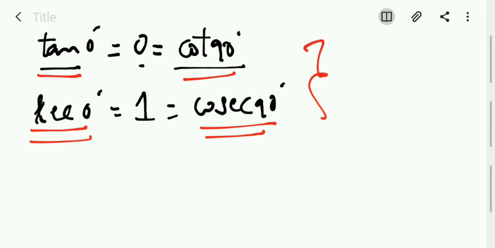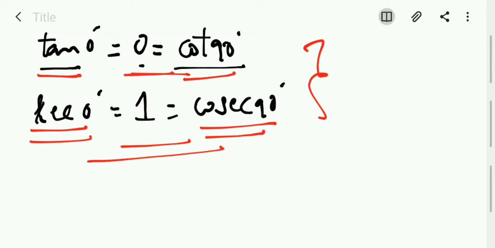Right, now tan 0 is equal to cot 90, and secant 0 is equal to cosecant 90. Have you understood how we got this? You can check the values of trigonometric ratios of some specific angles, the topic we discussed earlier.